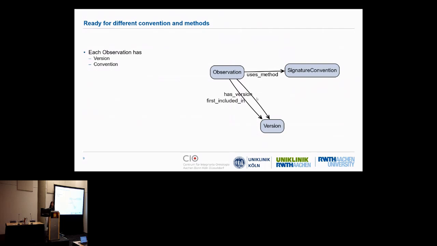I highlighted before that the current project is only for a particular signature type and a particular version, but we want to be open to also modeling more than just this data. So each observation is linked to a signature convention, and each observation is linked to a particular version and also has annotation about which version it first occurred in.